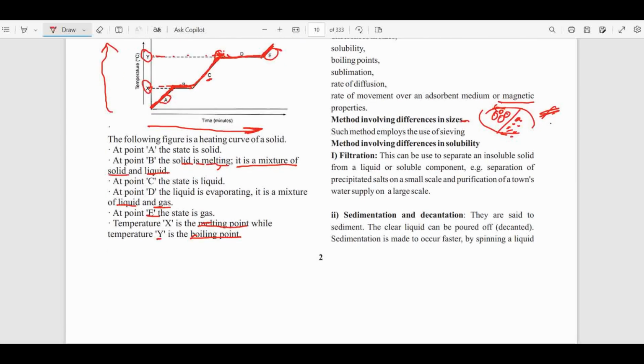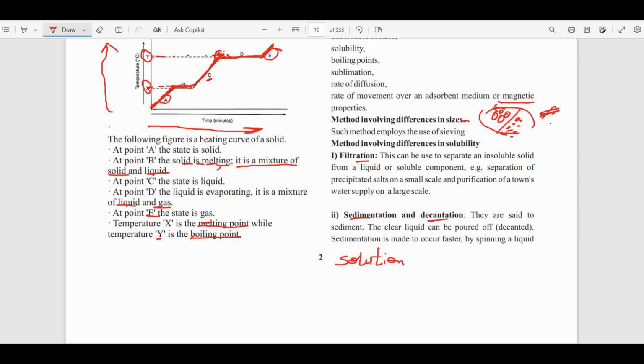Okay, so let's take another example, a method that involves differences in solubility. Of course, you can filter, you can sediment, you can decant as a result of these differences. But let's first and foremost start by explaining what a solution is. If you have a solution, what exactly is it?